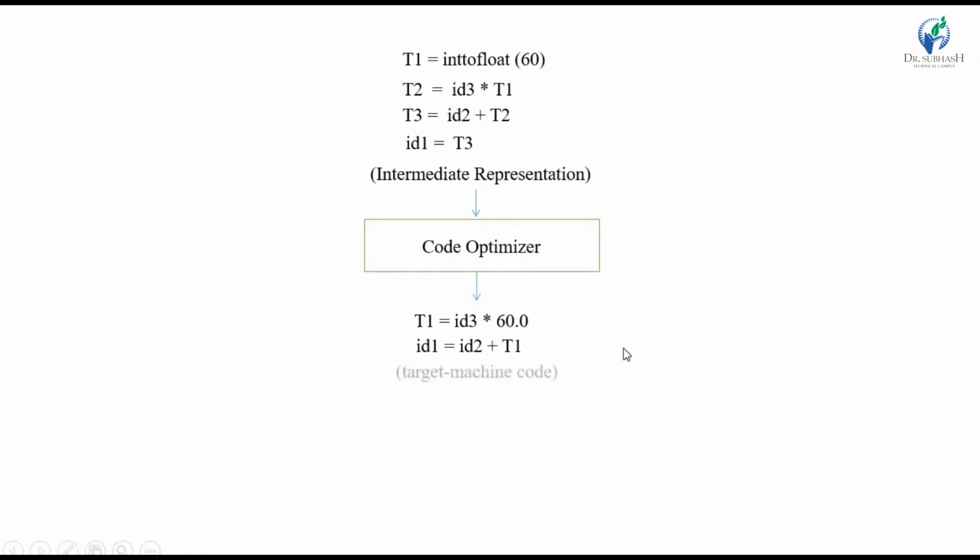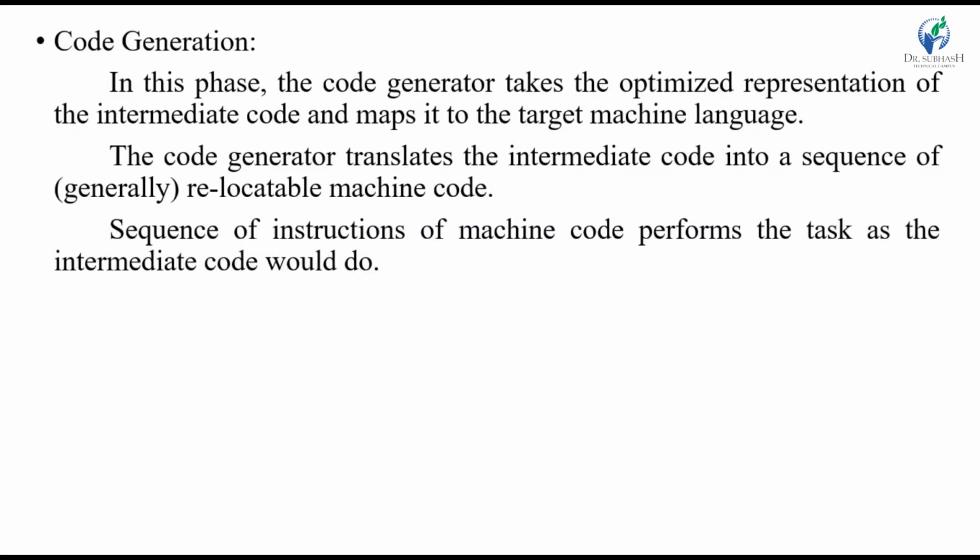This code optimizer output is target machine code, which is passed to the next phase of the compiler, the code generator. The code generator takes as input an intermediate representation of the source program and maps it into the target language.